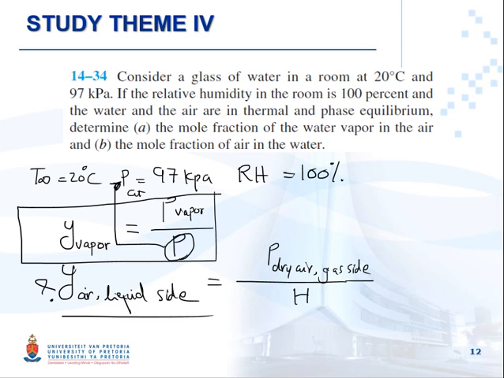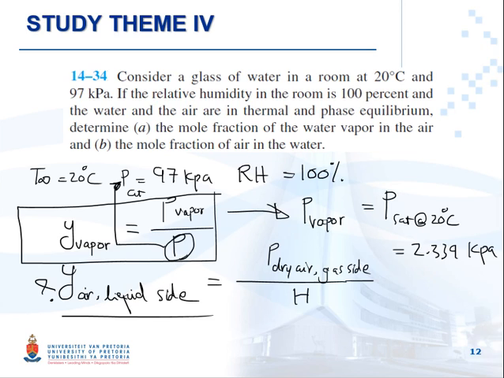How can we find it? We can go to the table, because we know that the pressure of vapor is equal to the saturation pressure at 20 degrees, which is 2.339 kilopascal if we read it from the table.